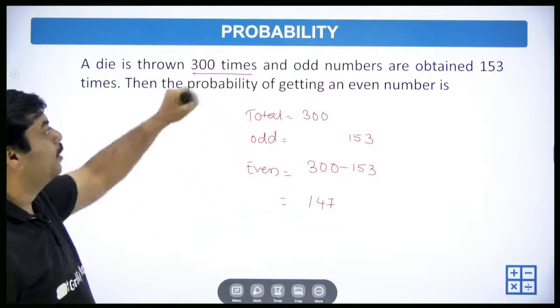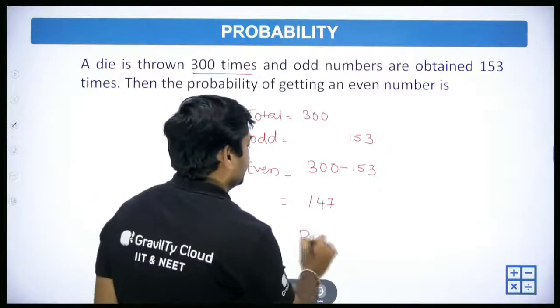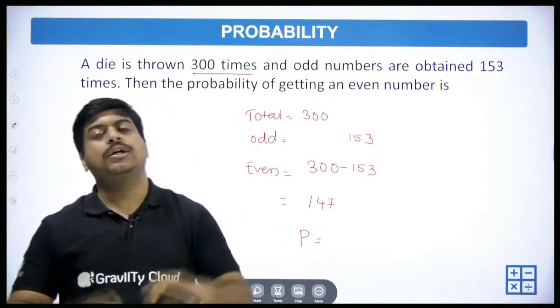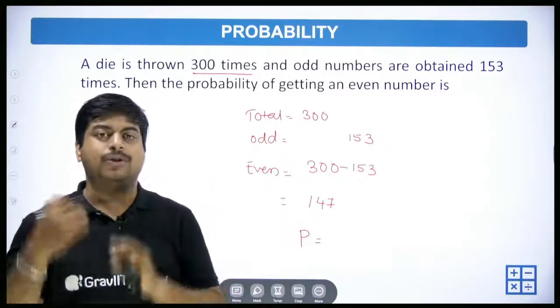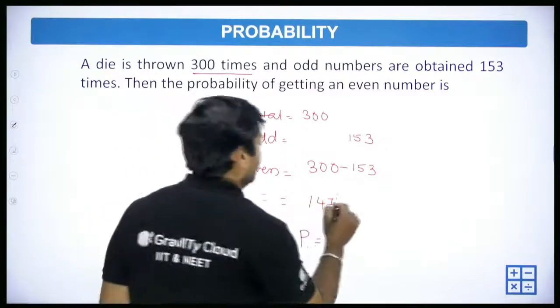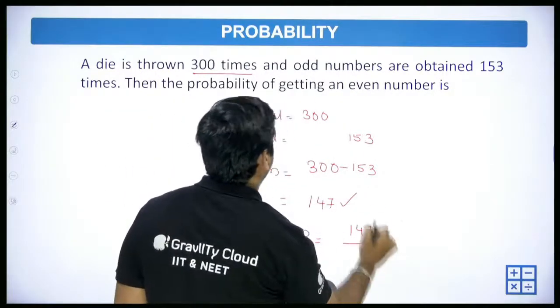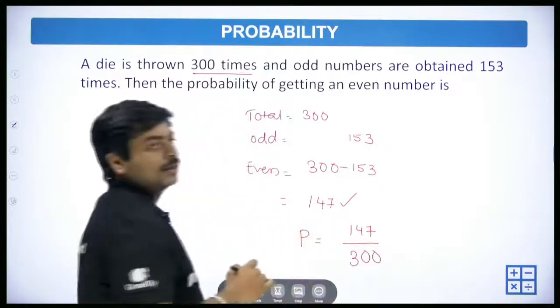Now the probability of getting an even number. Whenever discussing probability, I told you, it is the number of favorable cases by the total number of cases. So favorable, if we need to get an even number, is 147, by the total number of cases, that is 300. So 147 by 300.